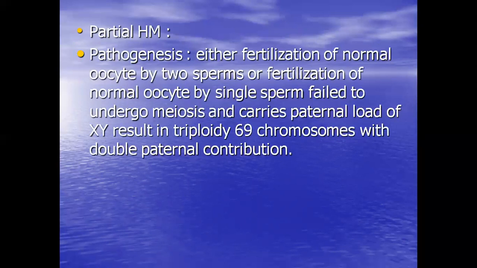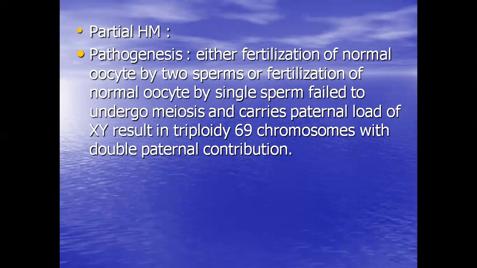Partial mole. The pathogenesis here is either fertilization of a normal oocyte, genetic material 23X, by two sperm, or fertilization of a normal oocyte by a single sperm that failed to undergo meiosis, so the sperm comes carrying 46 without division, and carries the maternal load of X, resulting in triploidy, 69 chromosomes, with double paternal contribution.